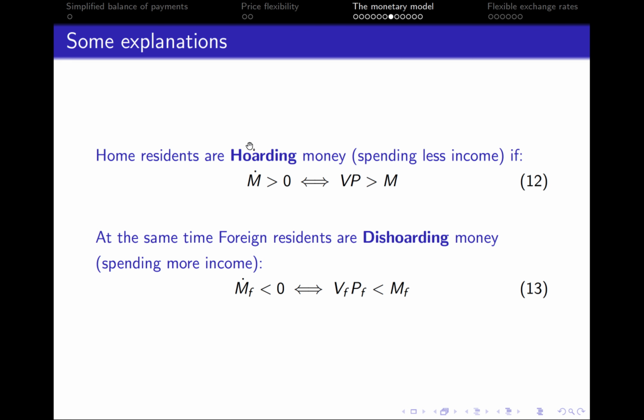We will call this situation one in which home residents are hoarding money. How do they do it? Well, they just spend less income. If they demand more money than is supplied to them, they do not have enough money to spend, and by this behavior, they can hoard money from another country.